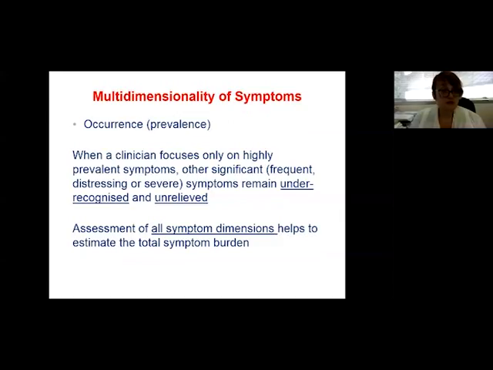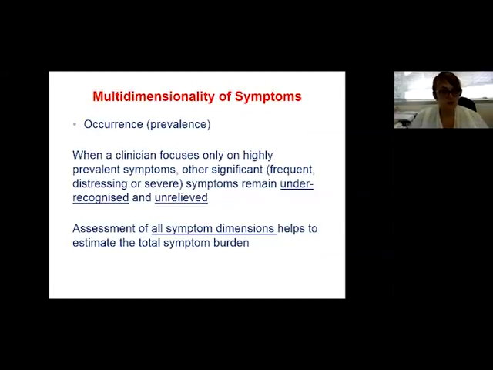So getting back to symptoms, we tend to only measure if the person has a symptom, so its prevalence or occurrence. But when we focus only on highly prevalent symptoms, other significant, frequent or distressing or severe symptoms remain under-recognised and unrelieved. So therefore we really need to assess all dimensions of symptoms to help estimate or to recognise the total symptom burden.